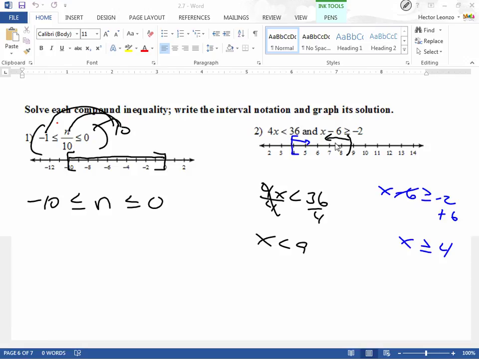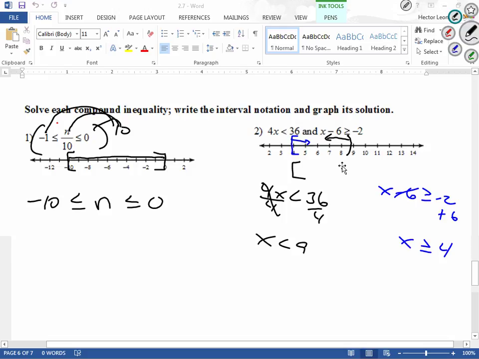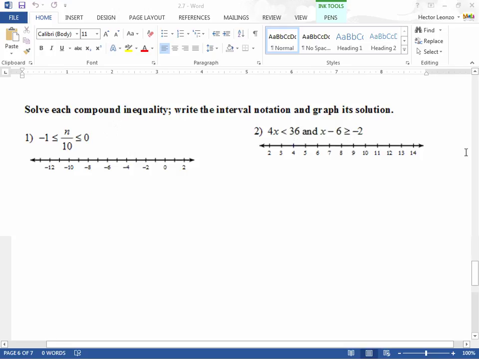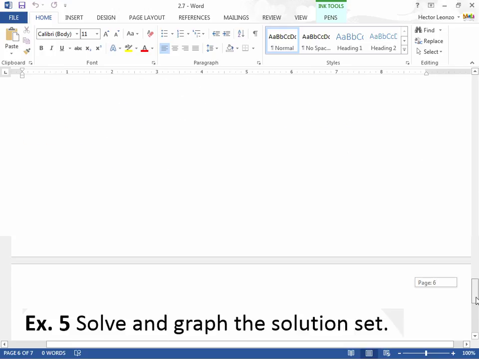Since my two meet in the center, I'm going to do my graph over here. There's going to be a bracket at 4, parentheses at 9, and everything in between. So whenever they meet, I'm just going to say everything in between. Sometimes they're not going to meet. One of them might be going to the right, one of them might be going to the left. You guys will see those examples in your homework, so that'll be okay.